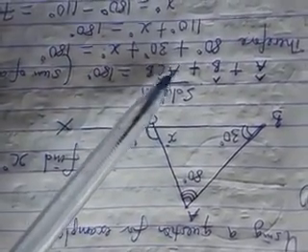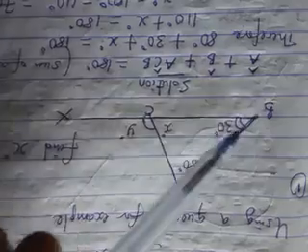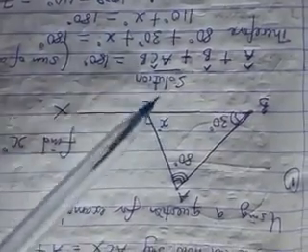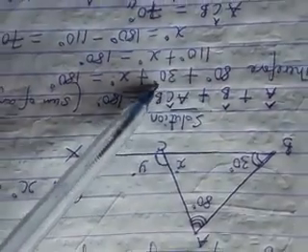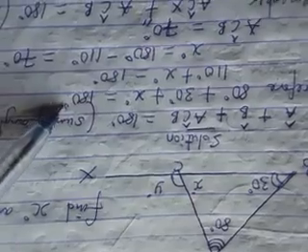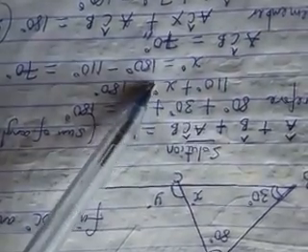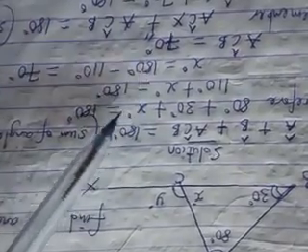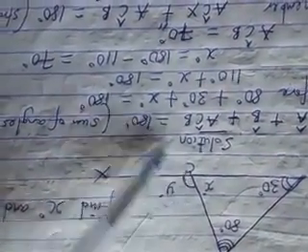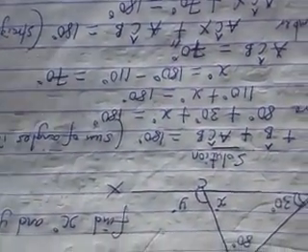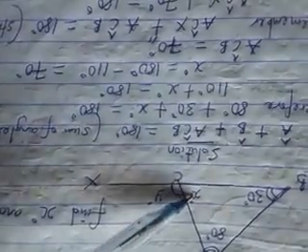That's why I put angle ACB, this particular angle, angle C. To get angle C, you say 80 degrees plus 30 degrees plus X degrees equals 180 degrees. 80 plus 30 is 110. You subtract 110 from 180. You find out that X degrees, which is angle C, is 70 degrees.